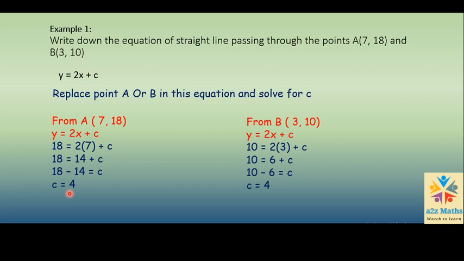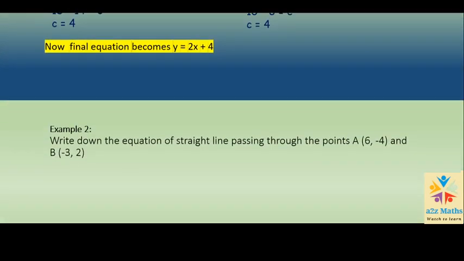Now you have the value of the y-intercept, replace it in the equation. So my final equation becomes y is equal to 2x plus 4. This is the equation which has the gradient as 2 and it will pass through 4 on the y-axis.